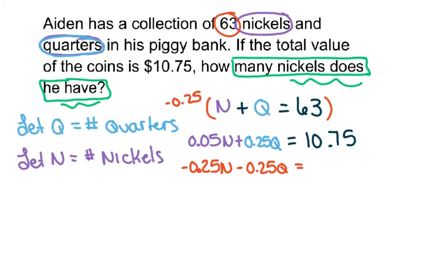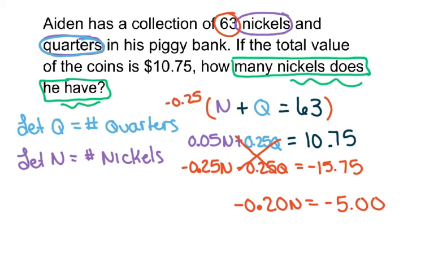And that's going to give me a negative 15.75. So now we can see we can eliminate the quarters. So all I'm working with now is the nickels. So I'm going to get negative 0.20 n, and then $10.75 minus $15.75 would be $5. But that's going to be a negative $5.